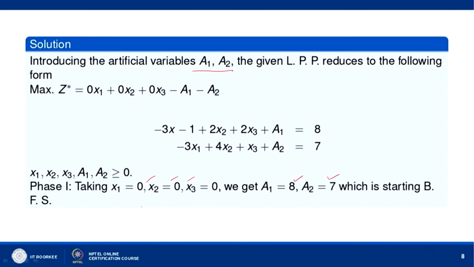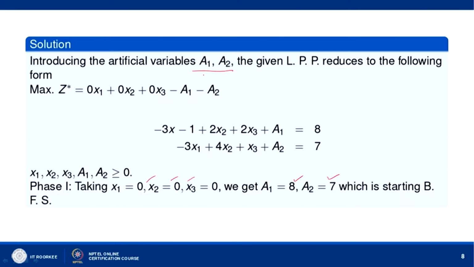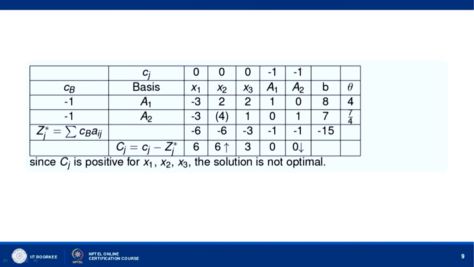So, Cj is now the coefficients of x1, x2, x3, A1, A2. So, they are 0, 0, 0, minus 1, minus 1. This is Cj. The decision variables are x1, x2, x3, and the basic variables are A1, A2.